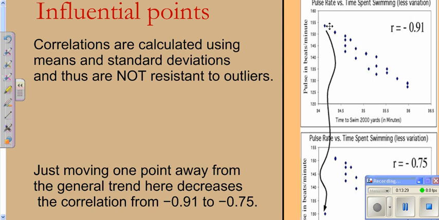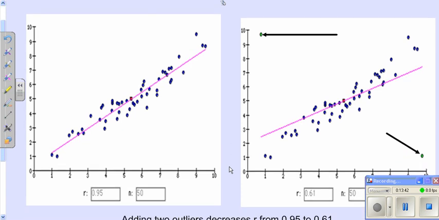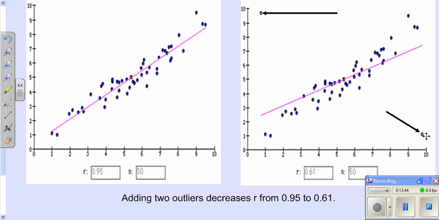So if I take this one point up here and slide it way down here, my R goes from this value to this value. Definitely got a lot less. So here's another example of an outlier, a point going from up here, way down here, and it affects R.